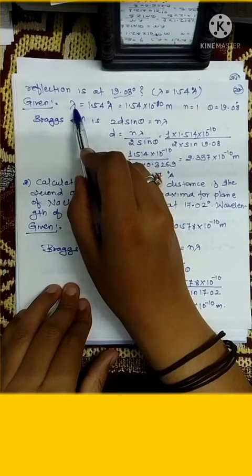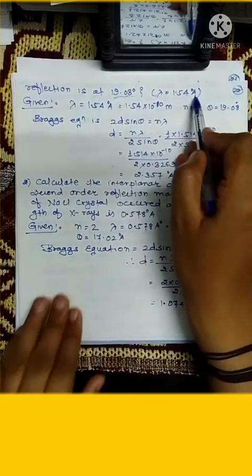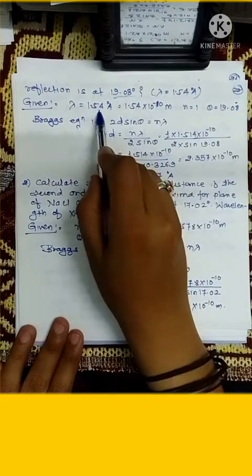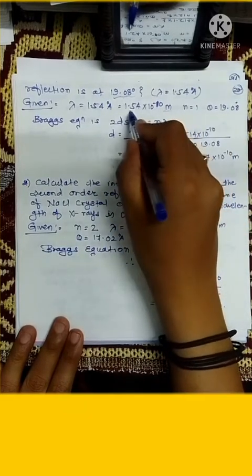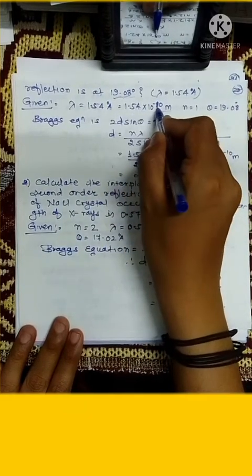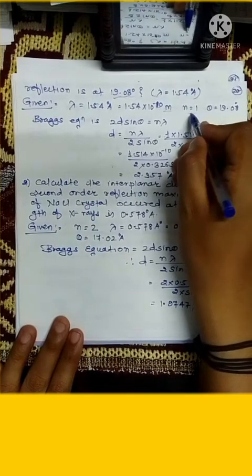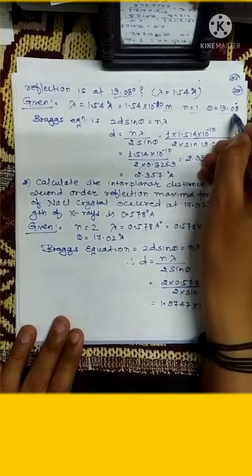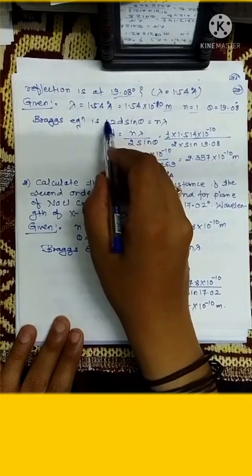Lambda is 1.54 Angstrom is given. So 1.54 Angstrom is converted into meter, so it is 1.54 times 10 raised to the power minus 10 meter. n is given, first order reflection. Theta is given, that is 19.08. So we have to find d.